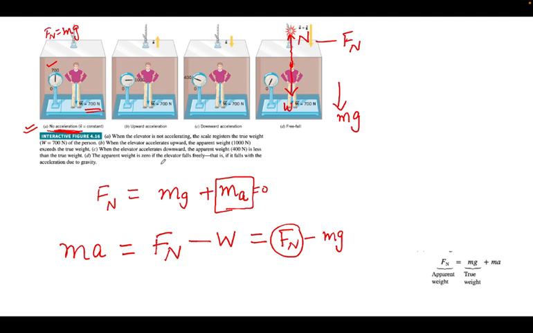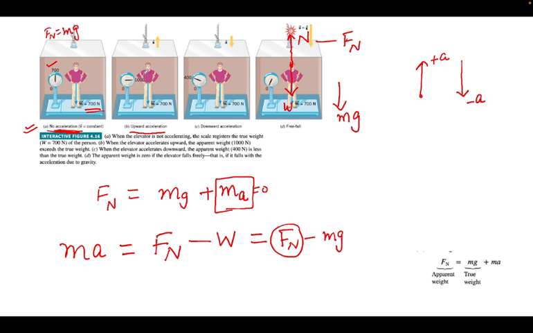The second case is when the elevator is moving in the upward direction. When it is moving in the upward direction, we generally consider it as plus a. When the body is moving in the minus direction, we generally consider it as minus a.